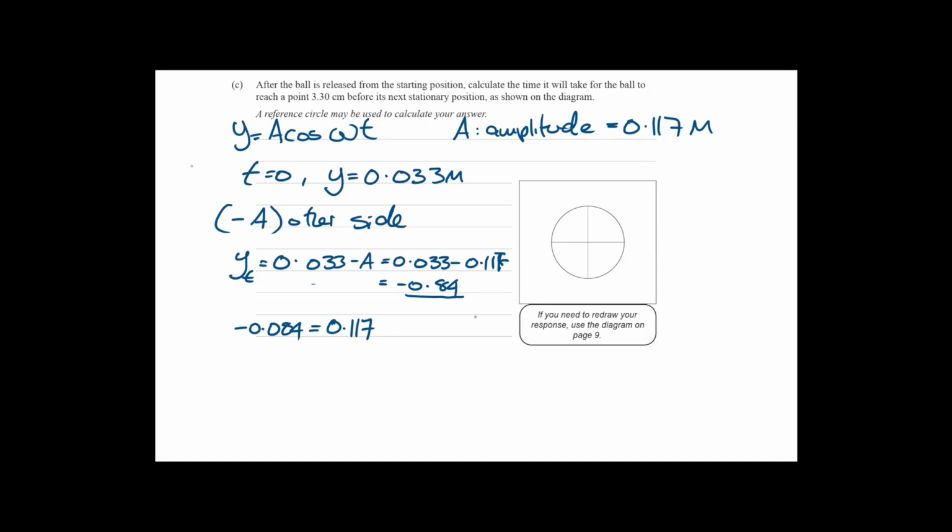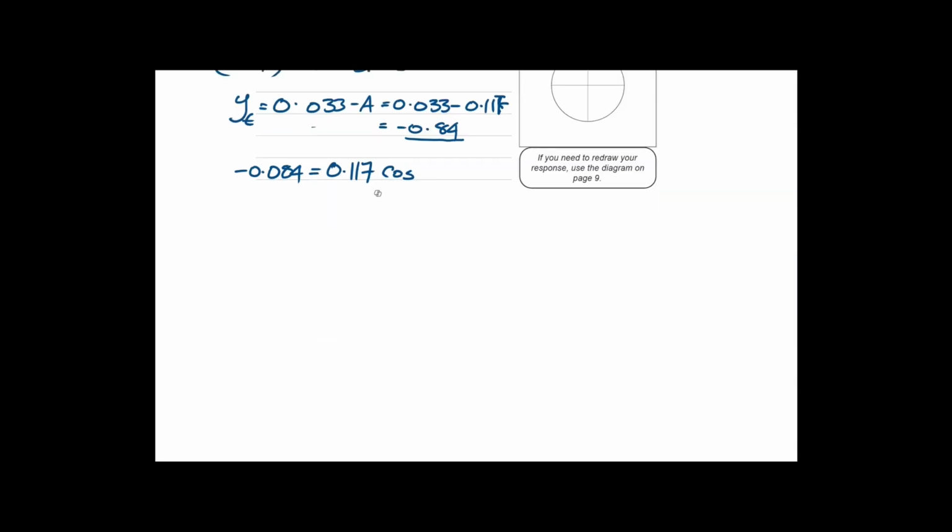Okay, that's why it's a negative number. And that's going to be cosine. Now, omega is a little bit tough. Omega, we kind of need to work out. Or do we? Well, the answer is no, we don't, because we already worked it out.